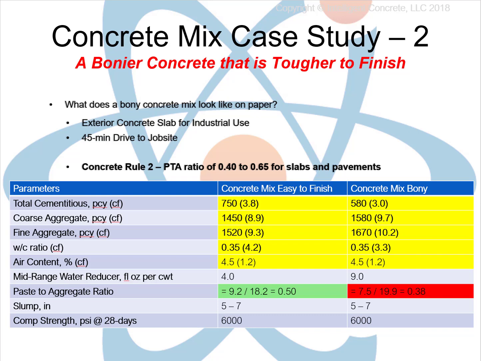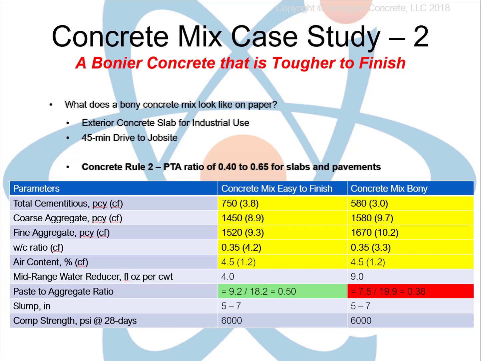Now, while our water cementitious ratio stays the same, because we have a lower cement content, we'll have a lower water content. Our cubic feet of water goes from 4.2 to 3.3. Now, theoretically, our air is going to stay the same, but when you look at that same governing ratio, that paste to aggregate ratio, when we total up our paste, which is our water, our cement, and our air, we have 7.5 as opposed to 9.2, and our aggregate volume goes from 18.2 and skyrockets to 19.9.